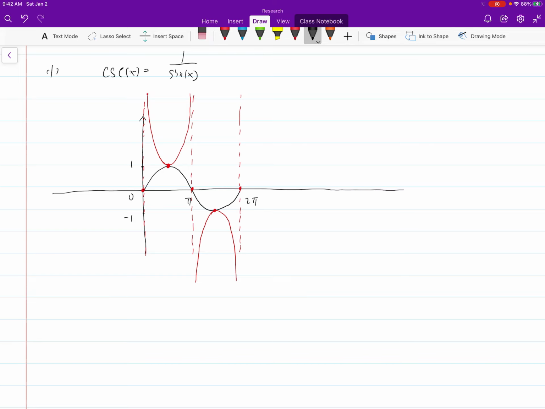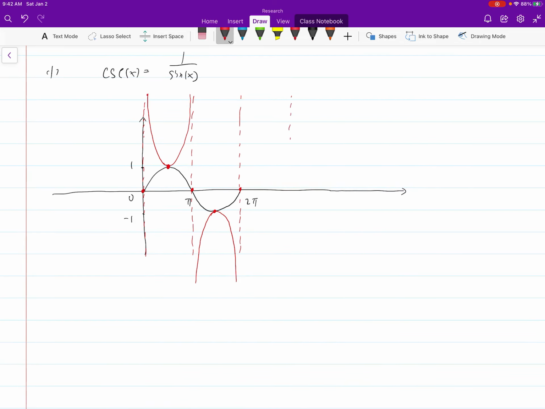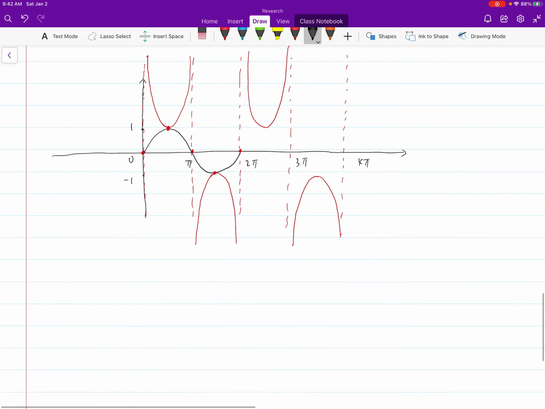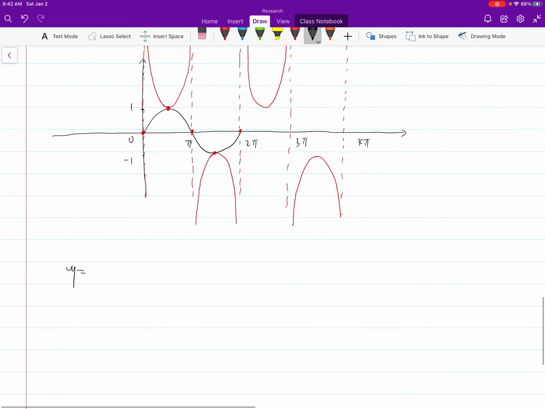That will be one complete graph of a cosecant in one period. Now to show it continues forever, try to write down this is 3 pi, this is 4 pi, and then you will have the same thing repeated. So that's the graph of cosecant.